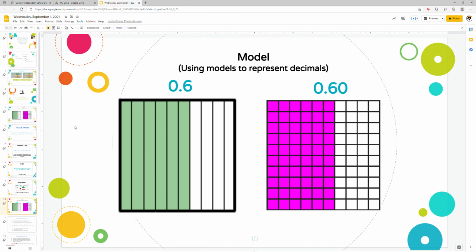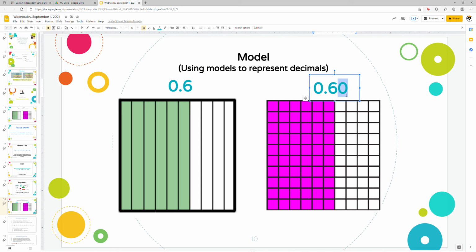One of these ways to represent decimals using models is with these grids. We have a hundreds grid on the right, and there is a tenths grid on the left. You'll notice both of these values look pretty similar, right? There is a 6 in the tenths place and also a 6 in the tenths place here.